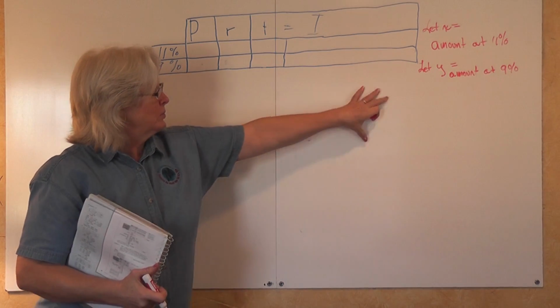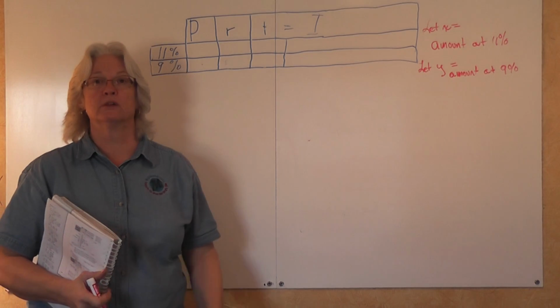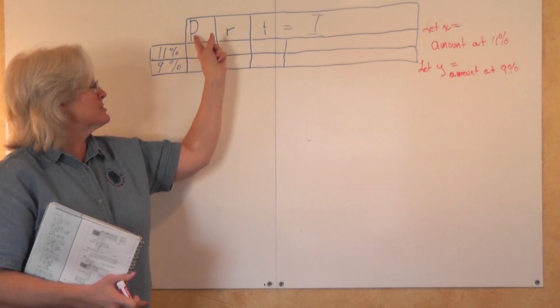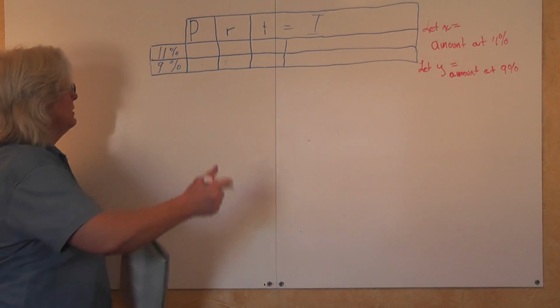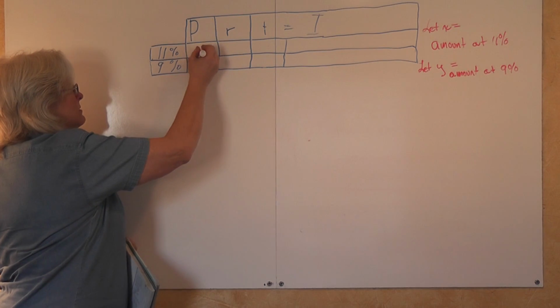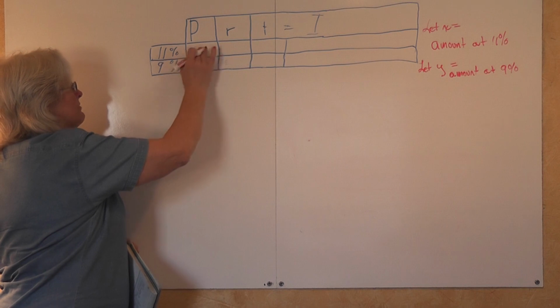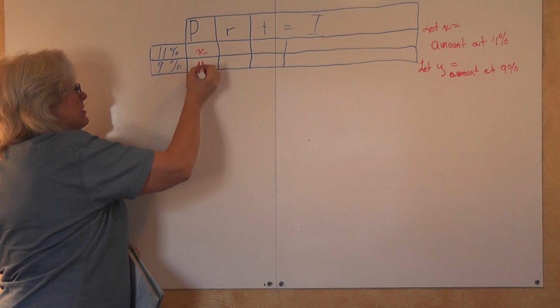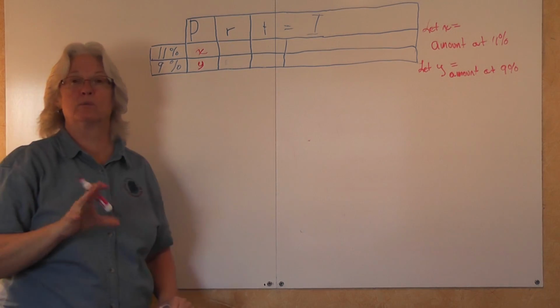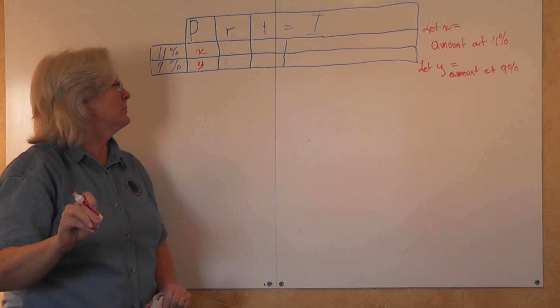Well, we're going to have to fill in our table, aren't we? Easy to begin with. The principal that we're investing, we don't know what it is, but we do know that the amount invested at 11%, we're going to use the variable X to represent that. The amount invested at 9%, we use the variable Y.